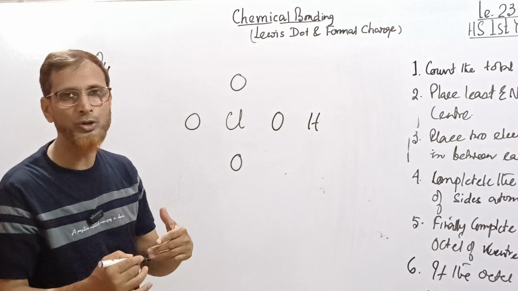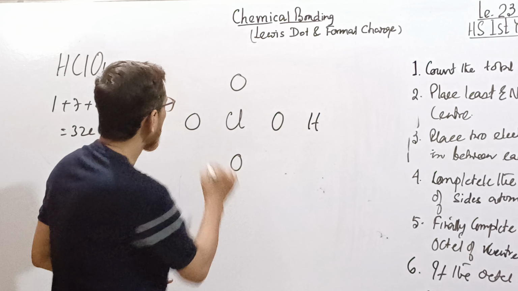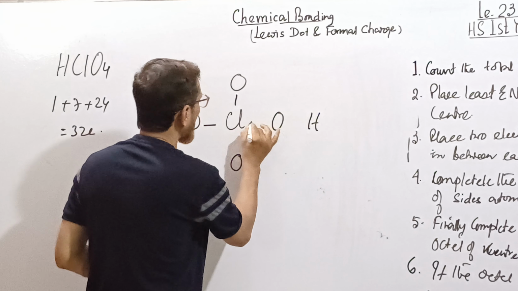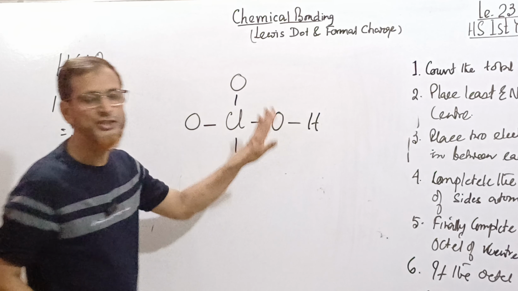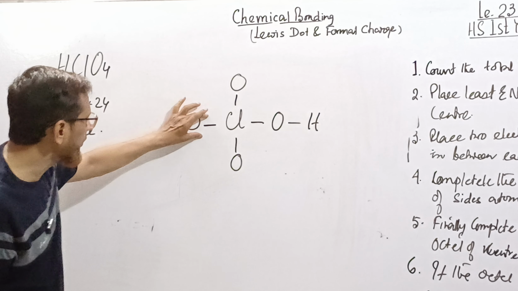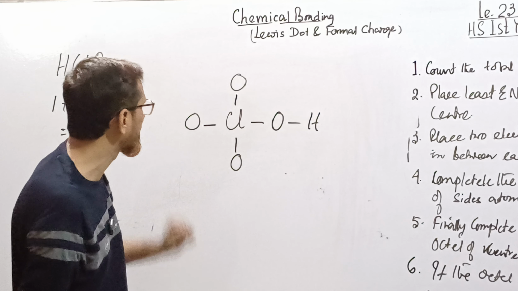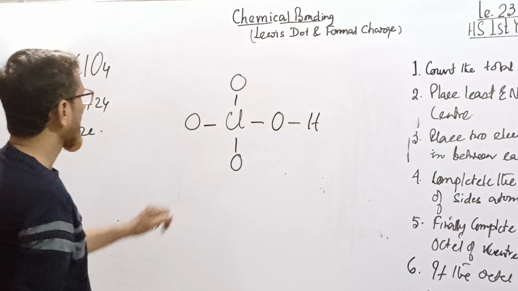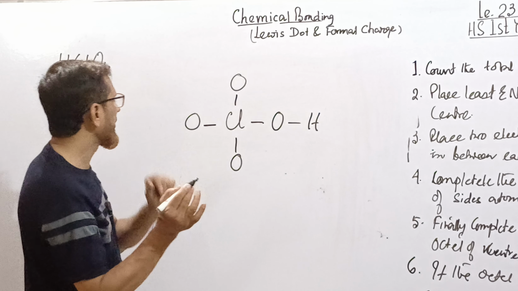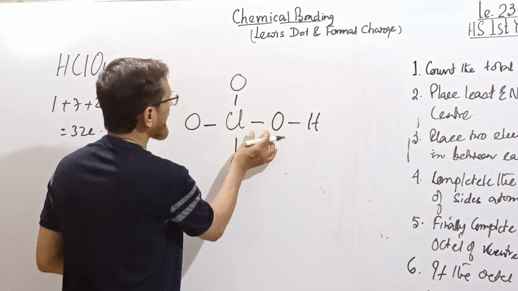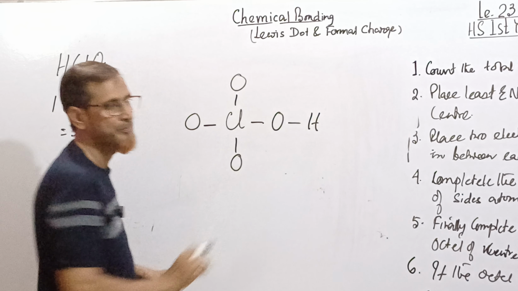In place of 2 electrons we can make a bond, so you can give 2 electrons or show it this way. I think it is simple. If we give 2 electrons, a lot of dots will be there and you may not understand, so just show it this way. How many electrons? 1, 2, 3, 4, 5, 6, 7, 8, 9, 10.